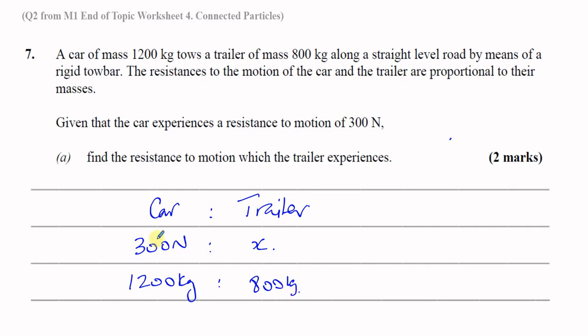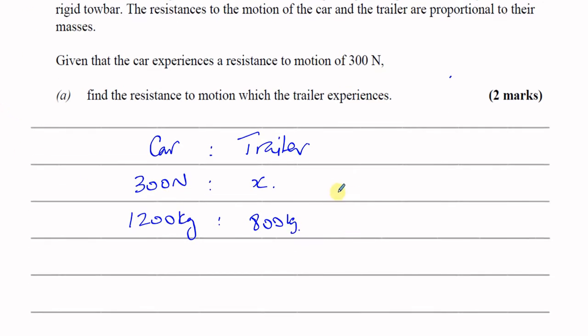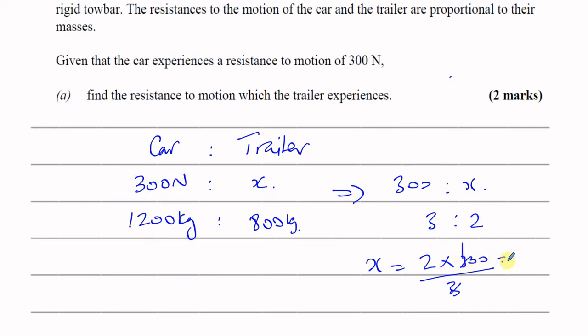So you can say from this that the ratio of the masses is going to be 12 over 8, which is 3 to 2. So you're going to have 300 to x. So we can say x is going to be 2 times 300 over 3, which is 200 newtons.